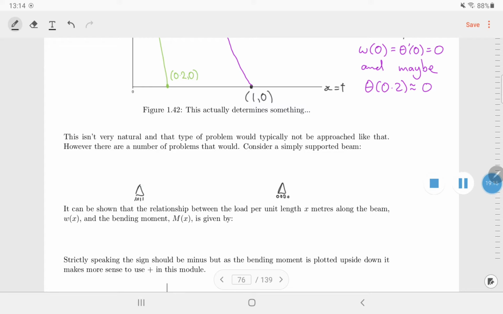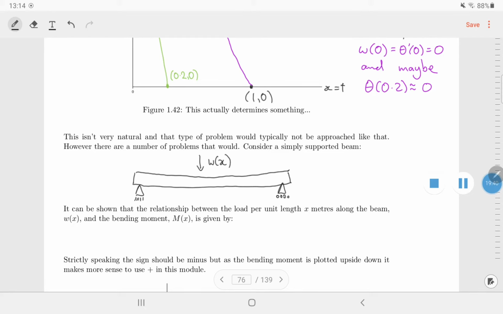Now we're going to have a load on it, but I won't actually show the beam deflecting. Sorry, I'm just trying to draw a picture and I'm not very good at it. So I've got loads on it. Now you've got the load per unit length at each point.